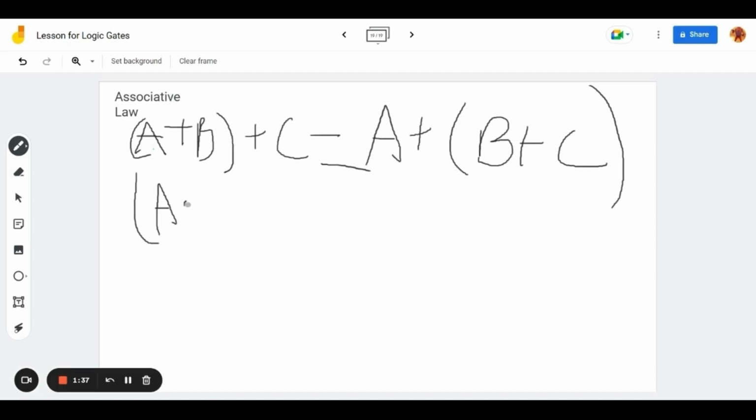A times, bracket, B times C, equals A times B times C.